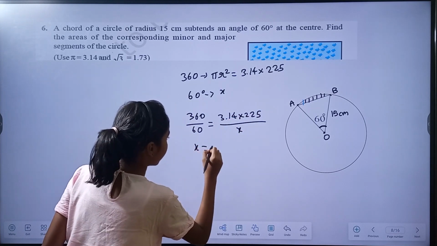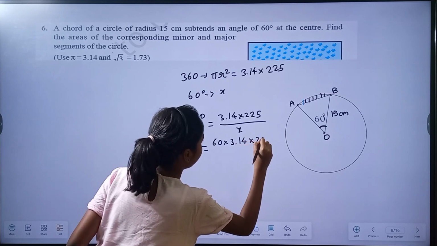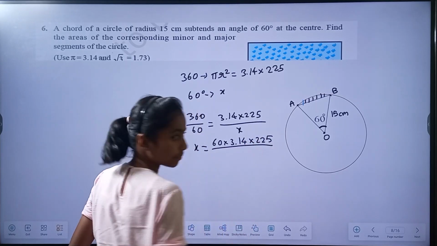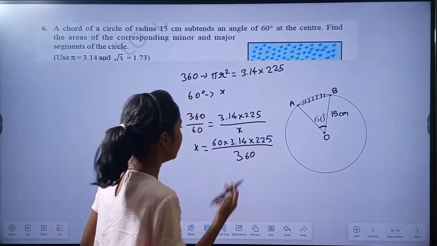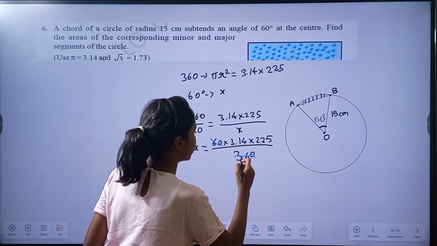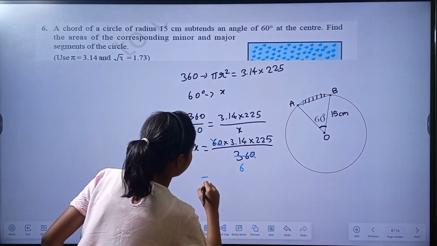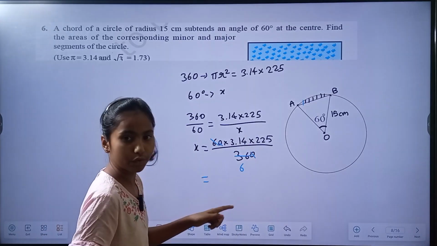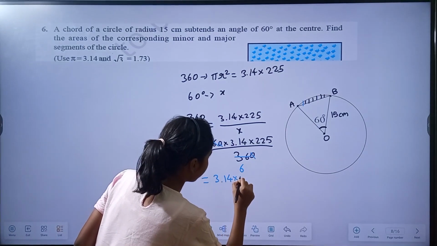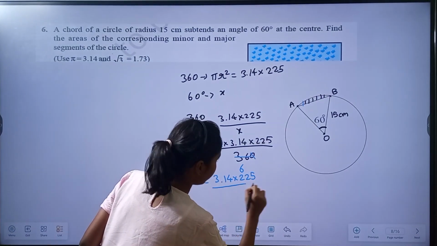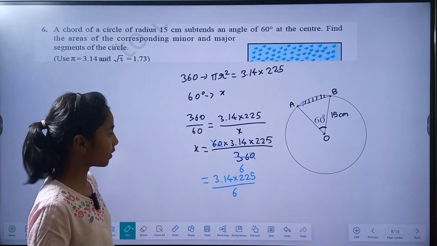So x equals 60 into 3.14 into 225 whole divided by 360. 360 by 60 cancels to 6. So this equals 3.14 into 225 by 6. So this is the area of the sector.